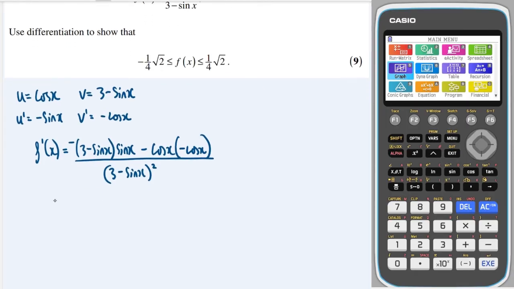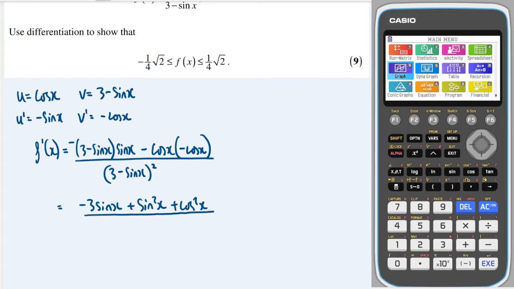Okay, let's expand out this bracket. We will get minus 3 times sine x, so that's just minus 3 sine x. We'll get minus sine x times sine x, so that's just plus sine squared x. And we'll get minus cos x times a minus cos x, which is plus cos squared x.